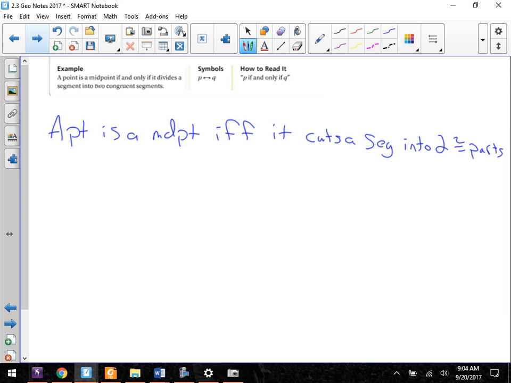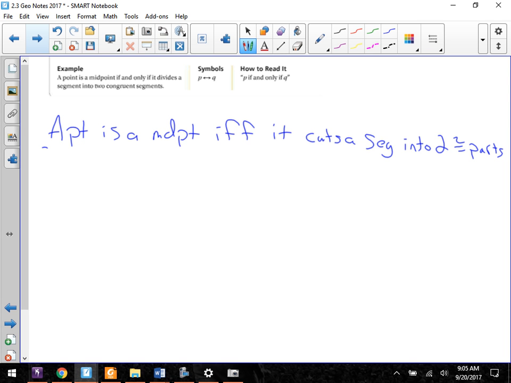Very simple way of writing it. If you think about the definition of a midpoint, if you have a midpoint, then it cuts a segment into two congruent parts. If a segment has been cut into two congruent parts, then you have a midpoint. Abbreviations. A point is a midpoint if and only if it cuts a segment into two congruent parts. Shorthand.